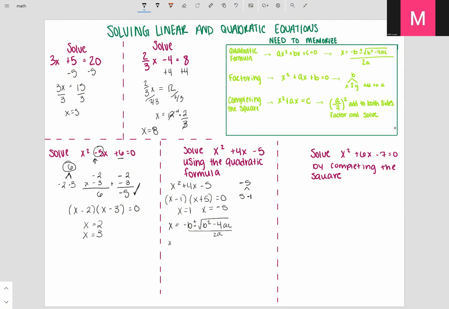So filling this in, we have x equals, and these a, b, and c come from ax squared plus bx plus c equals 0. And we've got a 0 on this side of the equation.